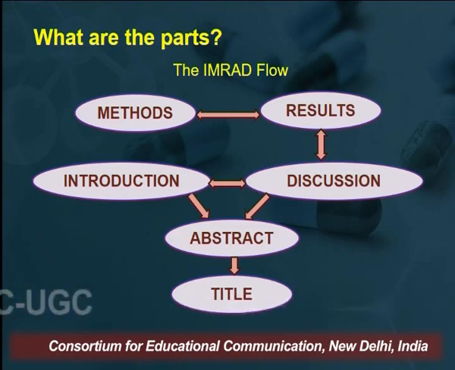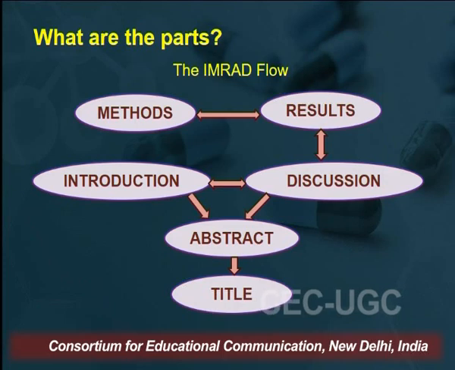And then the gap analysis you have identified earlier, so you know that you have to tell your audience why you did this study, so you go for an introduction section. The abstract is always the last section, because in the abstract you have to write the crux of each and every section that you have written above. So the abstract is written last, along with the title.